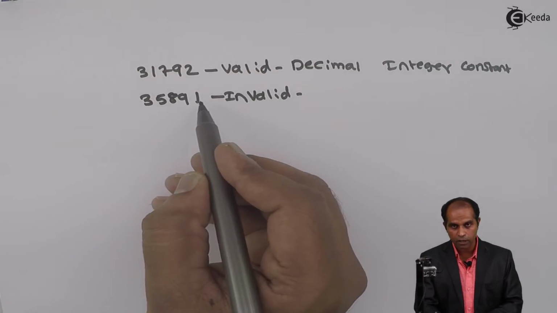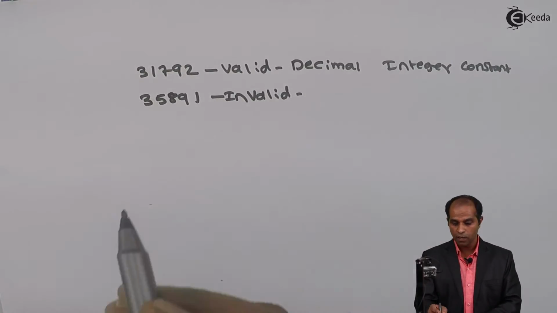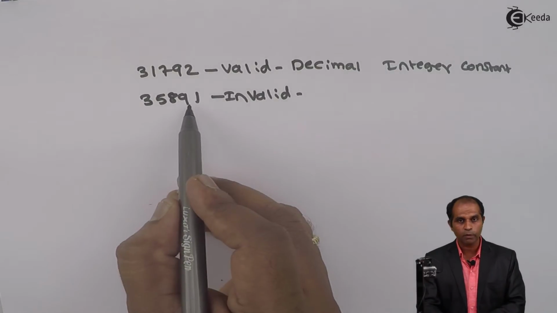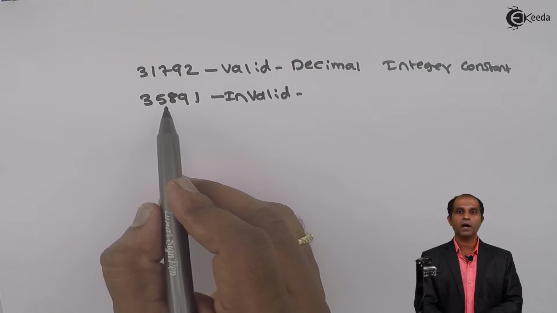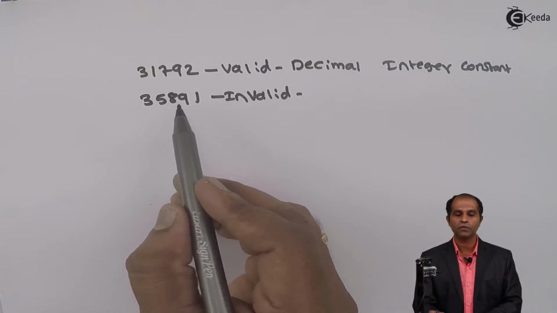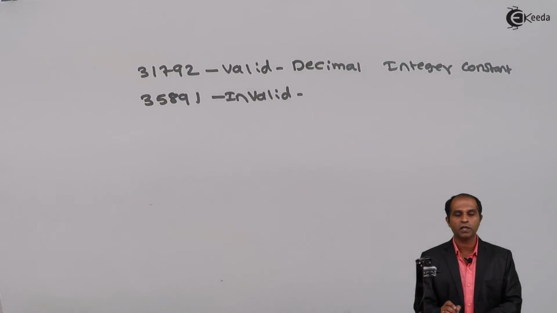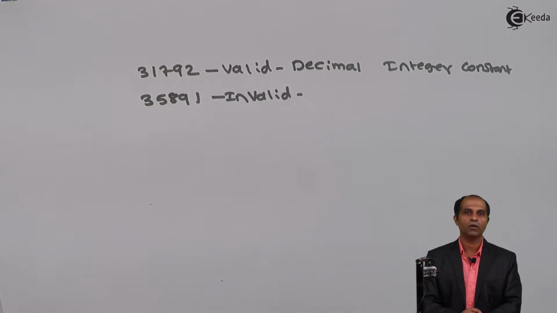We don't have any special character, and the digits I have used are from 0 to 9. All four rules are satisfied, but it doesn't pass the last rule, that is the range of the numbers. When the number is beyond the limits of integer range, we call that an invalid constant.